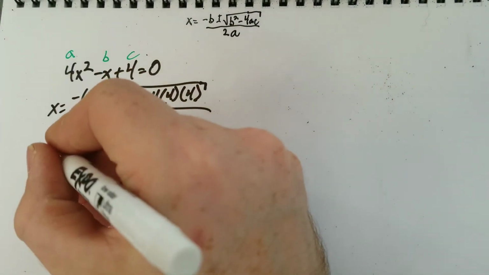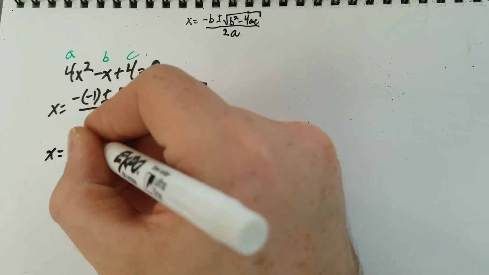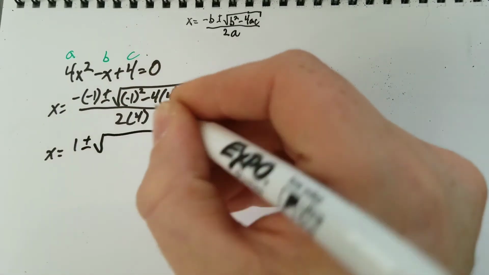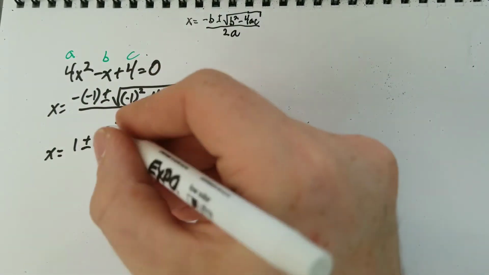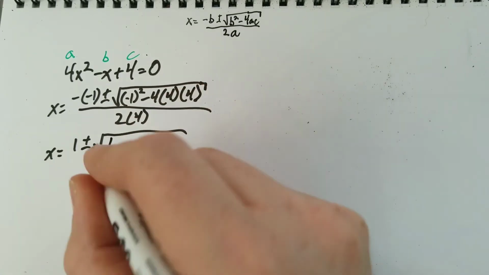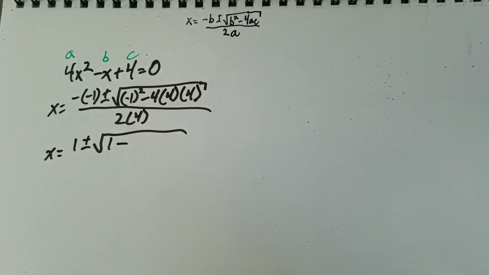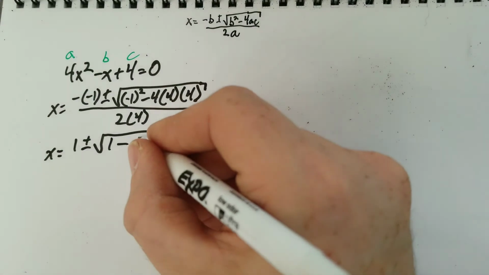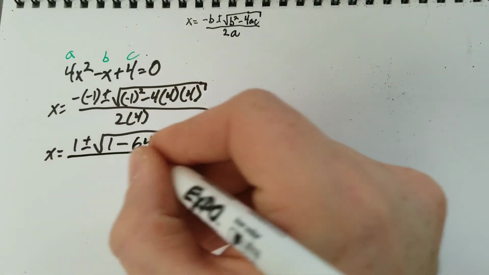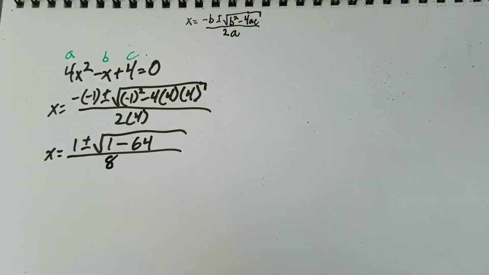Two negatives is a positive, so x equals 1 plus or minus the square root of -1 squared, which is a positive 1. That's going to have a negative sign, and that is going to give us 64, all of that over 8.